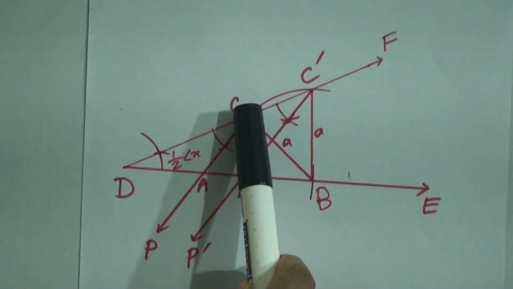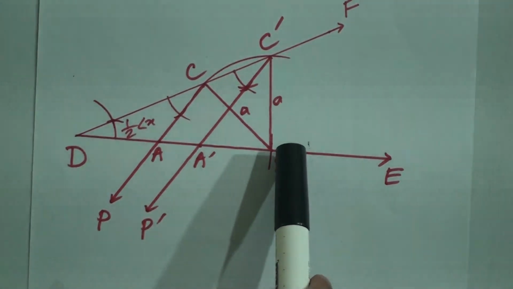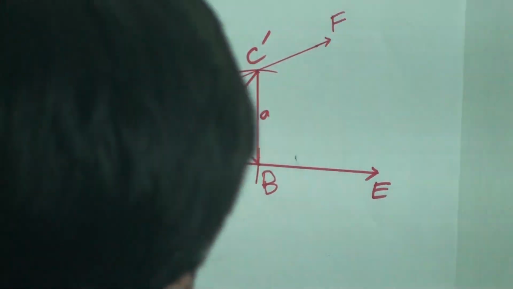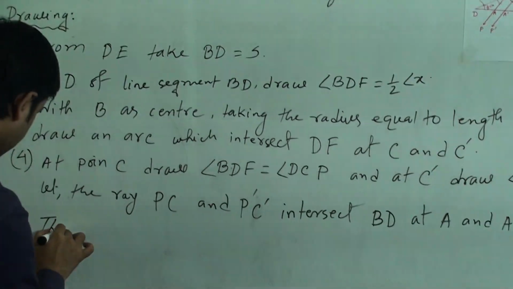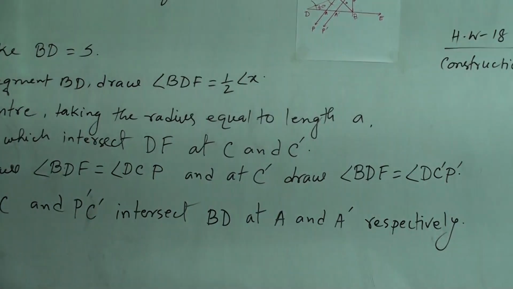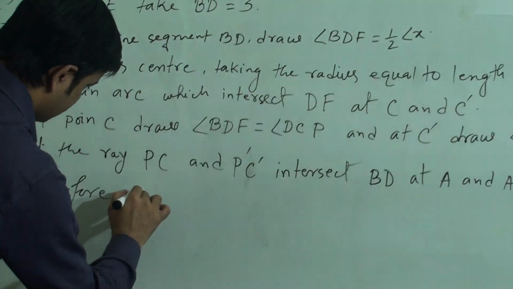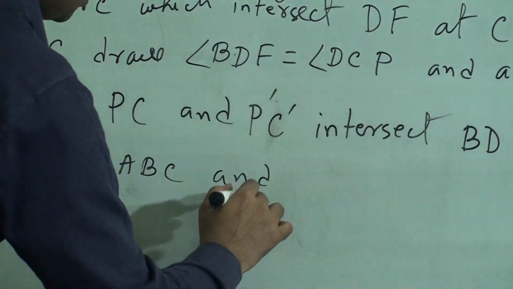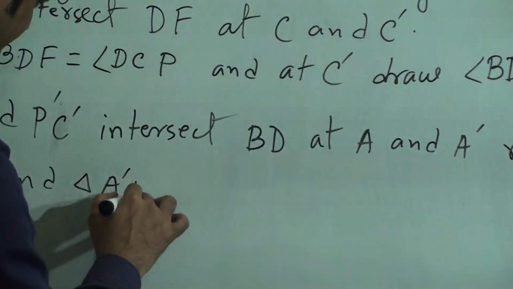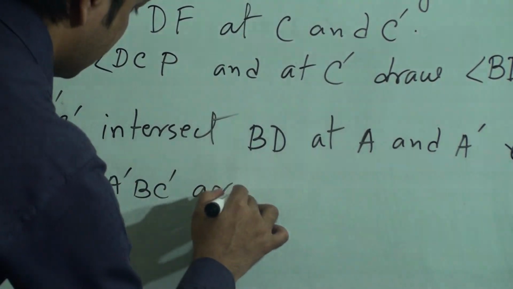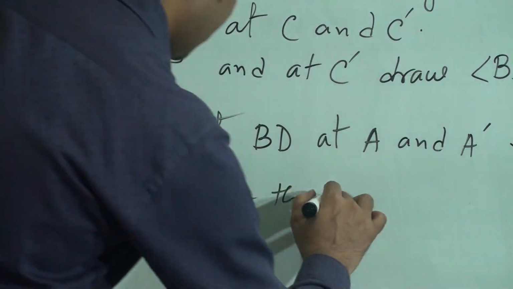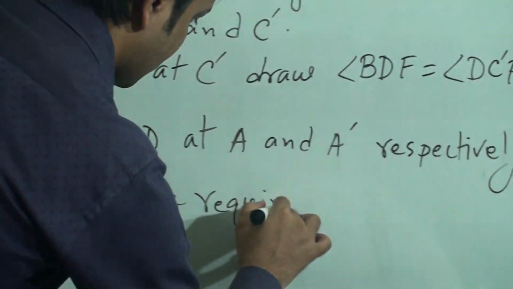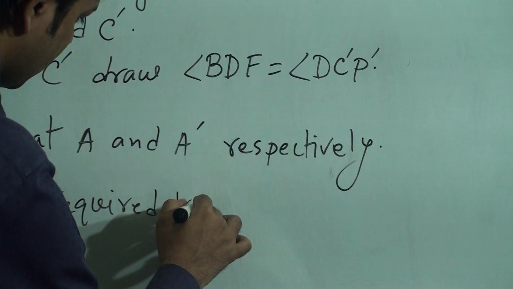So the triangles ABC and A prime B C prime are the required triangles. Therefore, triangle ABC and triangle A prime B C prime are the required triangles.